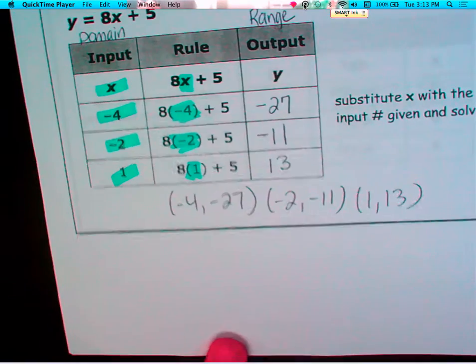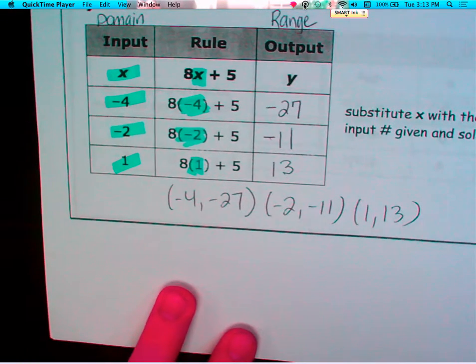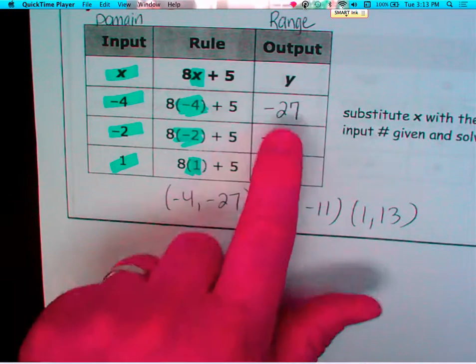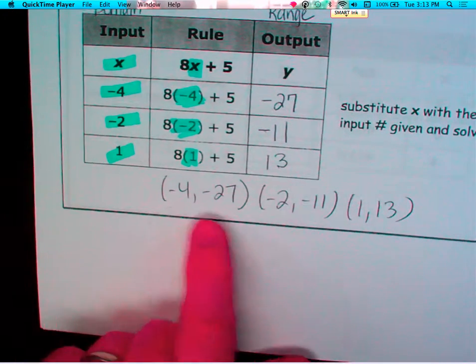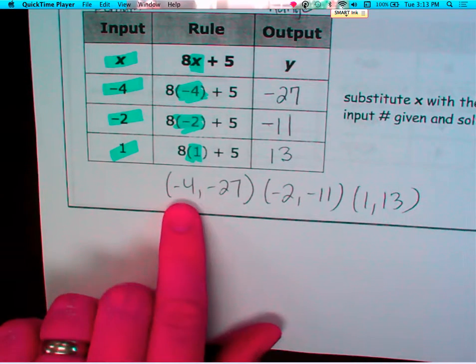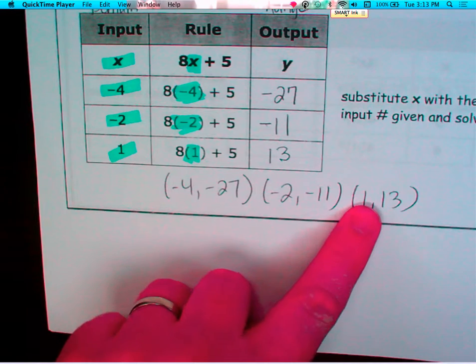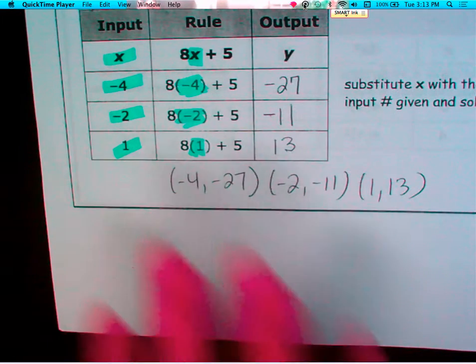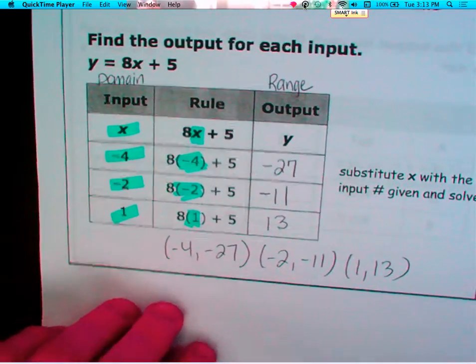So I've used my function table to come up with my range, and I wrote it out in ordered pairs: domain, range. Domain, range. Domain, range. We'll use these later to graph it and see what it looks like. Okay? So that's all we're doing.